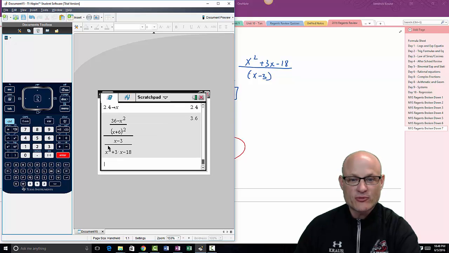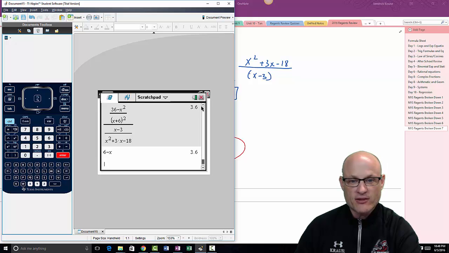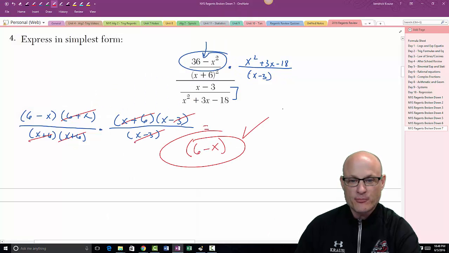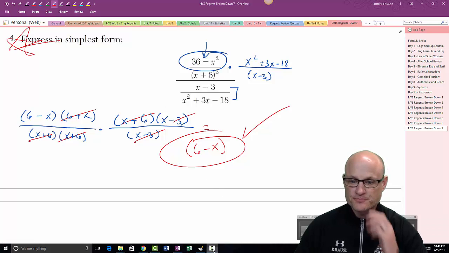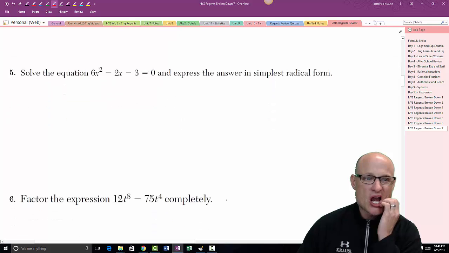Now when I hit enter, I'm going to get some stupid number. Oh, 3.6. And then I'm going to type in 6 minus x, because that's what I came up with as my answer. The whole thing simplified to 6 minus x. And look at that, 3.6 equals 3.6. So I'm going, ping, star it. Done. All right, moving on.